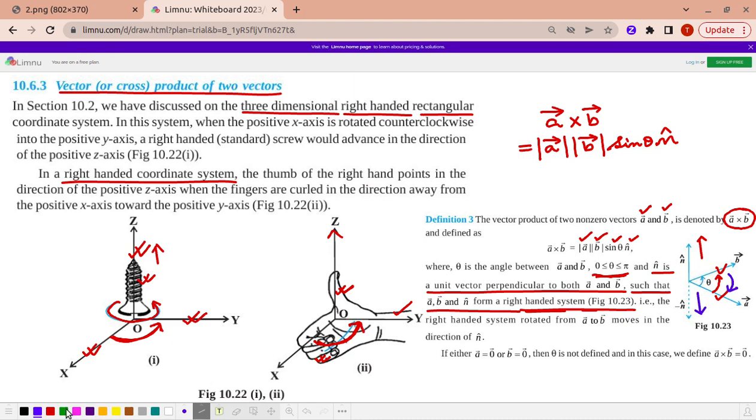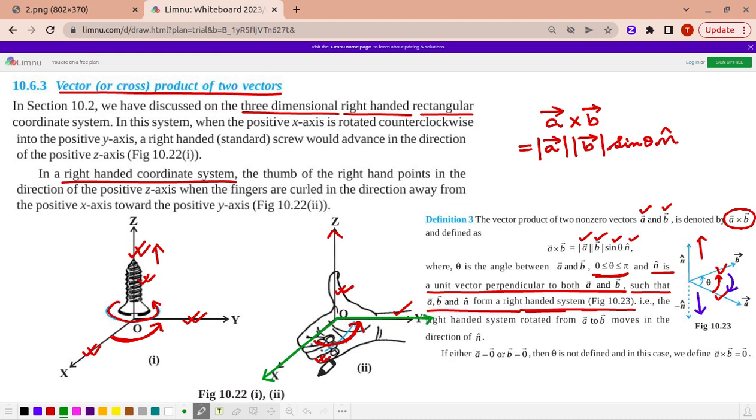So now if I give you it a little more elaborately, if I come back to the left-hand diagram, suppose this is the vector A, what I am drawing in the green color, which is along the x axis. Now this is the vector B along the y axis.